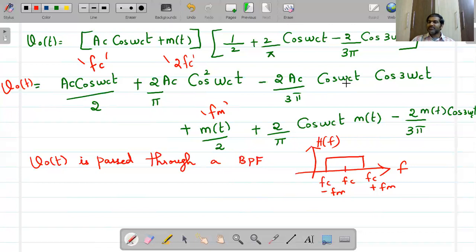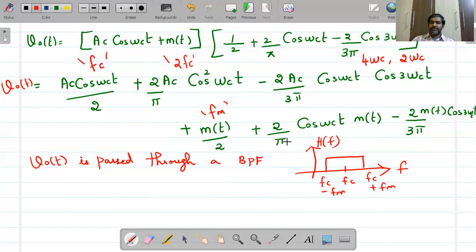And here cos omega c, cos 3 omega c. So cos a cos b. What is your formula? Cos a plus b, cos a minus b. So cos a plus b means omega c plus 3 omega c, that is 4 omega c, and 3 omega c minus omega c, so you will have 2 omega c.